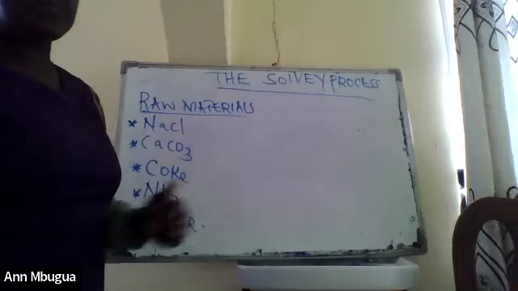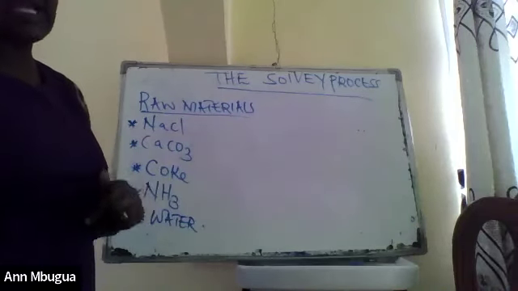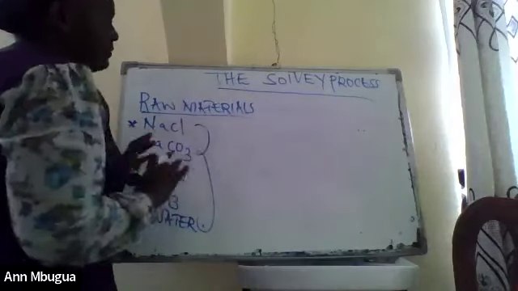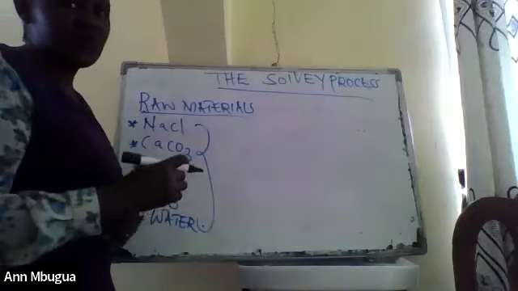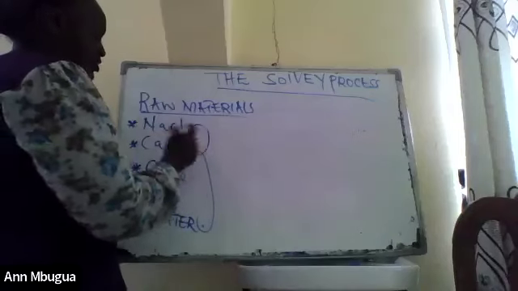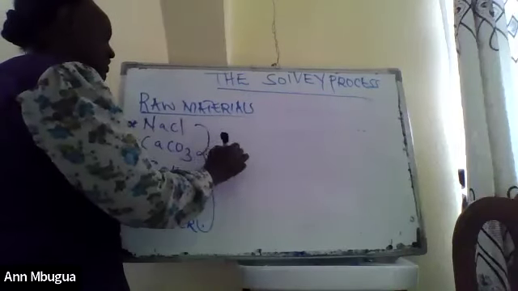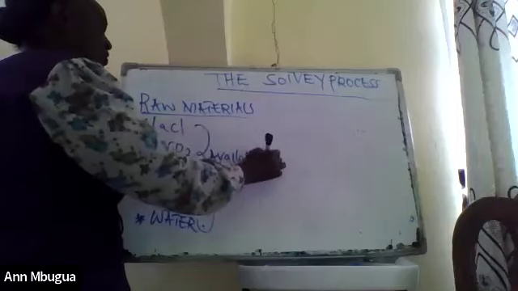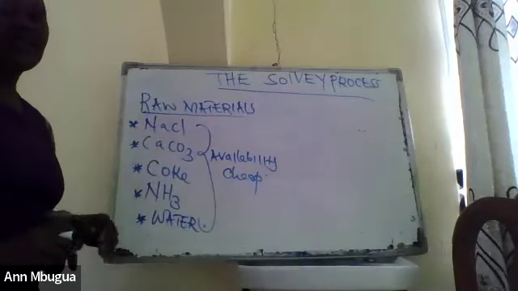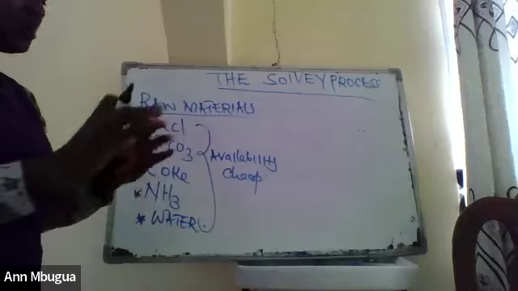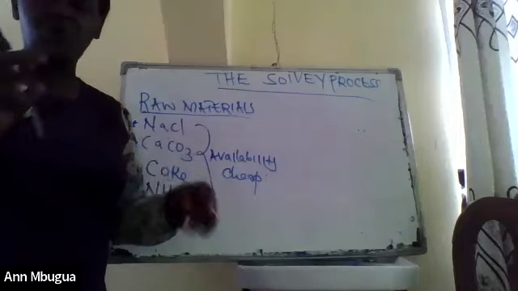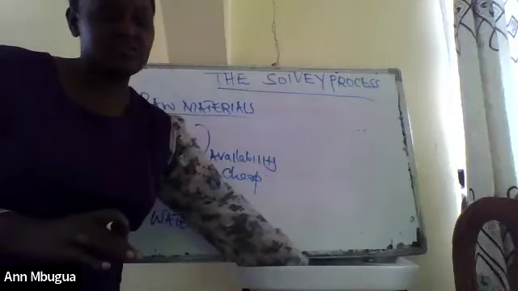Now, these raw materials are readily available and cheap, and they are recycled, making the Solvay process one of the most economical and efficient processes. As you are going to see, everything here is recycled apart from only one, which has major uses.